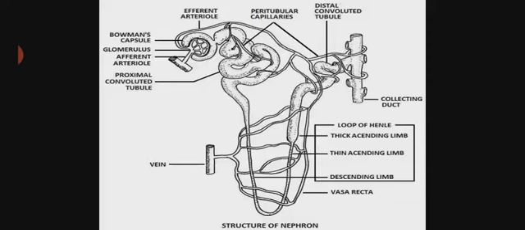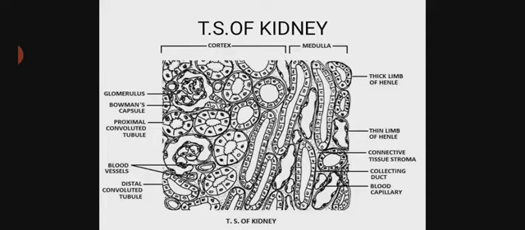This is another diagrammatic view of the nephron, which I already explained in one of my previous slides. This is the TS of kidney, a diagrammatic view, wherein this part is called the cortex, and this region is referred to as the medulla. The cortex consists of Bowman's capsules, especially the renal corpuscles or Malpighian corpuscles, and sections of the PCT, the proximal convoluted tubule.